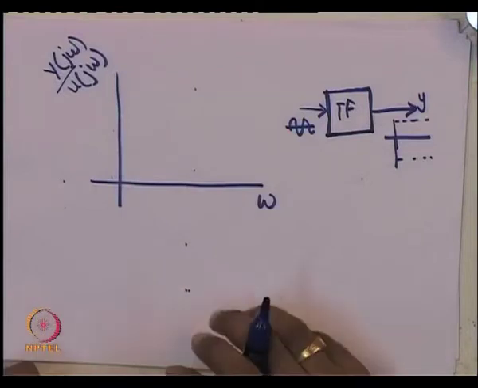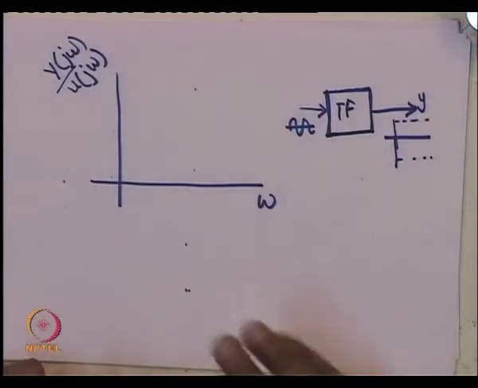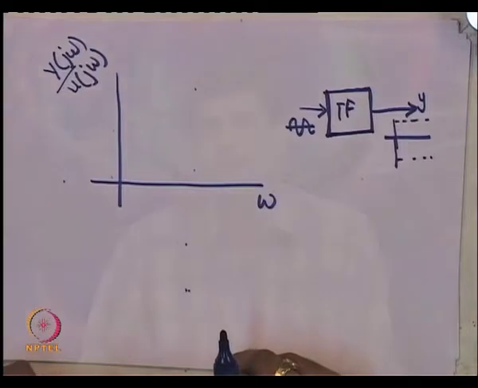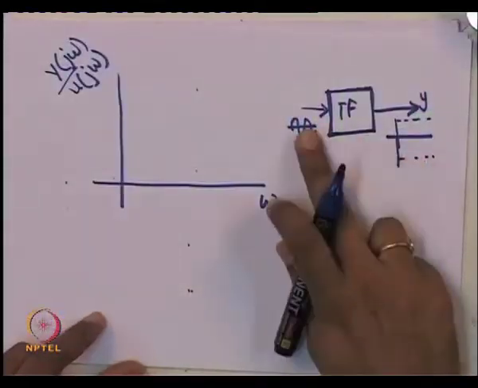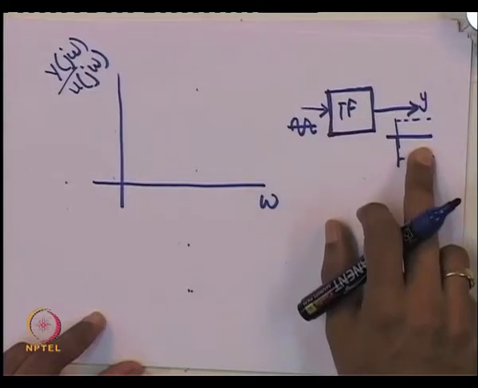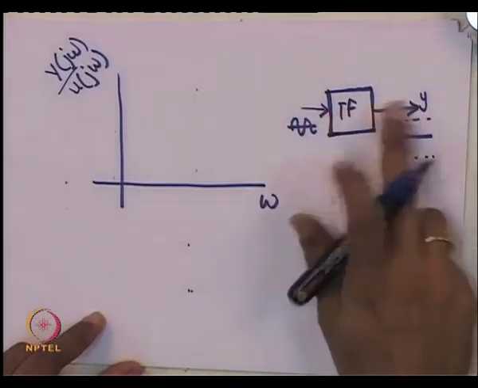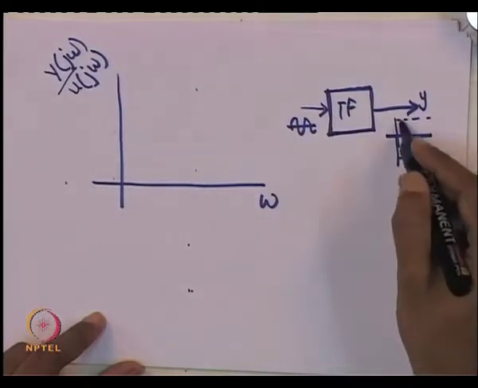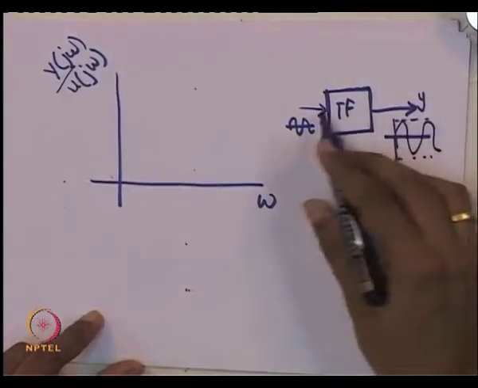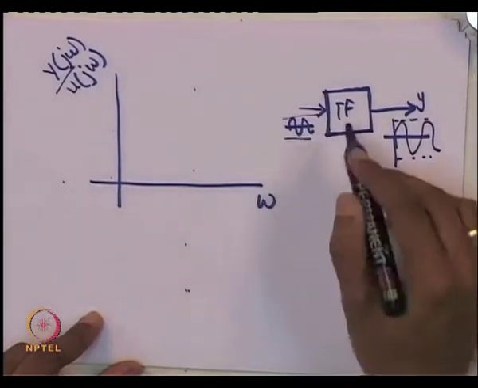Whenever people say frequency response, it is implicit that they are talking of the response under sinusoidal steady state conditions for input sinusoids u which are at different frequencies. So, you do this experiment which I have shown you on the sheet here at a particular frequency, record the gain, that is how much is the amplitude with respect to the input amplitude.